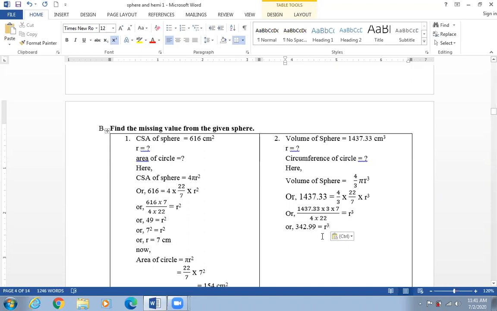Since it is cube here, we take the cube root here also. Use the calculator: shift, and there is a root. We have less than 1 minute, right?